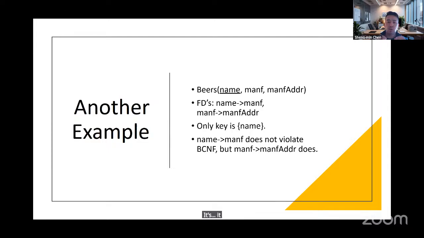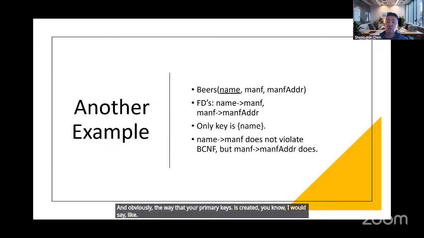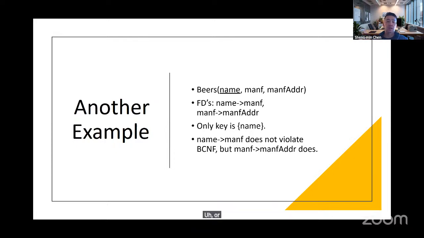It somehow always helps, and it helps you get your third and 3.5 normal forms to fit into the right place by creating that separate primary key. Okay? And obviously, the way your primary keys are created, I would say auto generate, auto increment, those are the strategies, right? Unique values, but on their own and new, nothing coming from any of your attributes or candidate keys of the table.